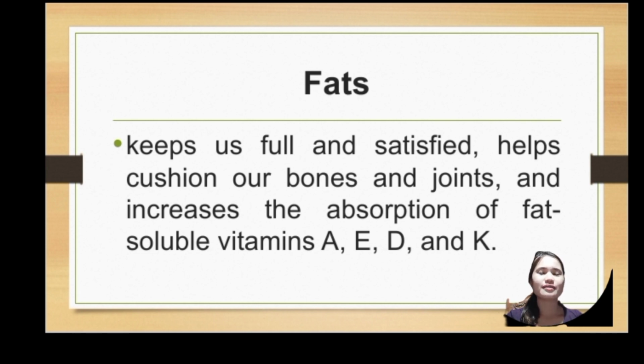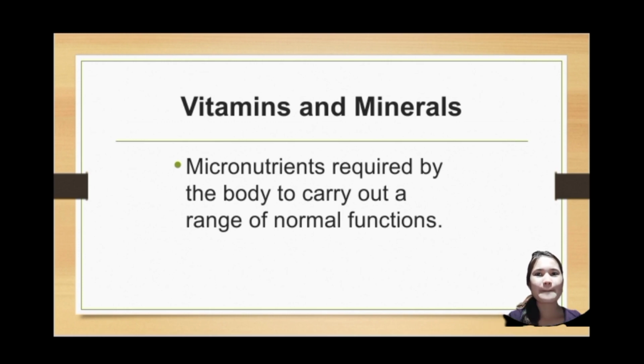However, remember to use these in moderation. Number 4 is vitamins and minerals. These components support metabolism, nerve and muscle function, bone maintenance, and cell production. Fruits and vegetables are the major sources of vitamins and minerals, including potassium, iron, folate, vitamin A, and vitamin C.